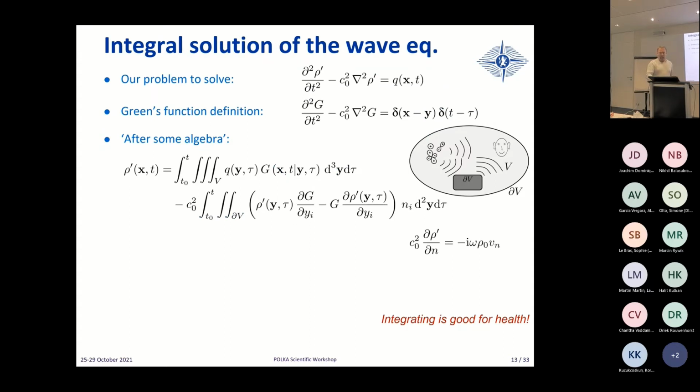Now, how convenient and how useful is it to have this Green's function? It will allow us to obtain an integral solution for our problem. I've written here the initial problem we have. You know your source field, you know the distribution of monopole, dipole, quadrupole because you had a good CFD solution.